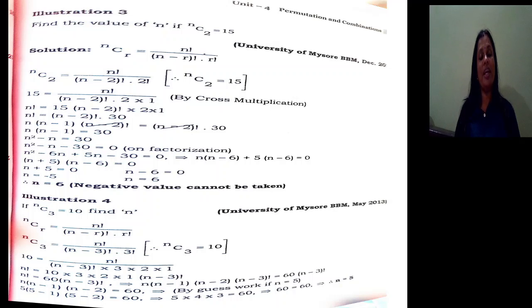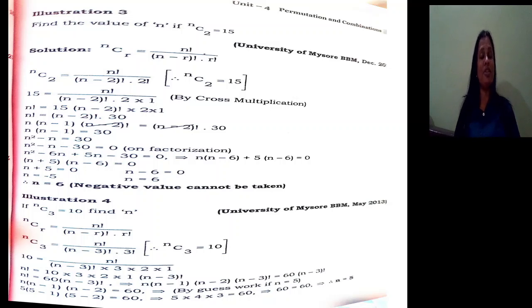So we have (n plus 5)(n minus 6). When we simplify, n is equal to minus 5, n is equal to 6. n need not be a negative value, so we should not take it. The negative value cannot be taken, so that's why n is equal to 6. So this is how to arrive at n.